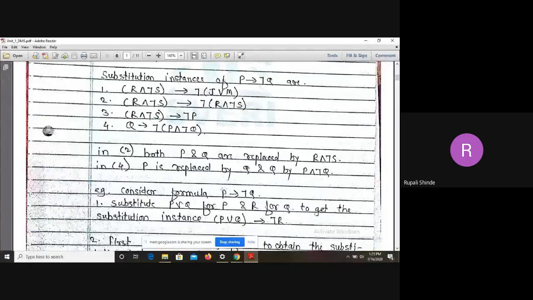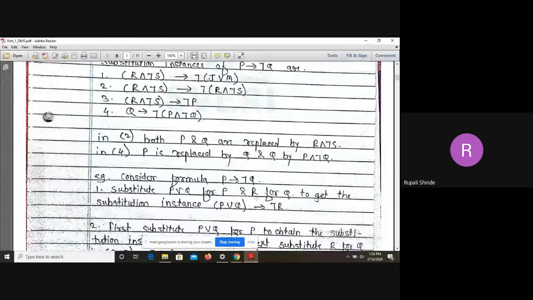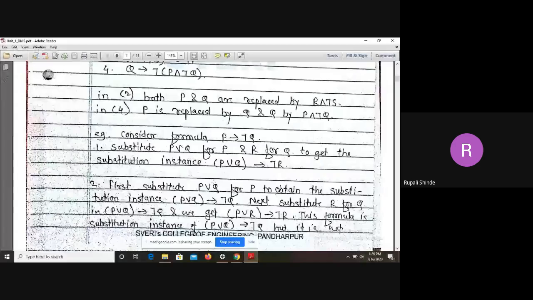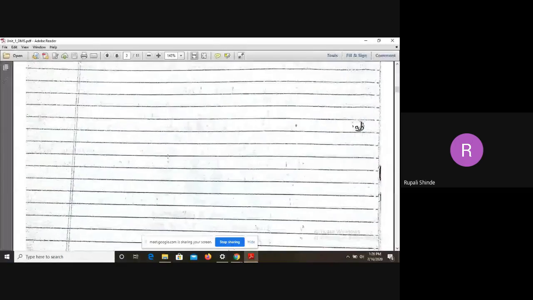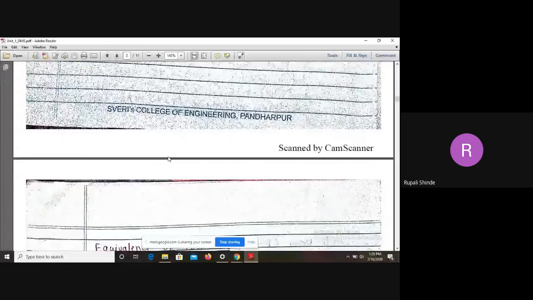We must replace P by the formula P or Q, conditional negation, and Q should be replaced by R. That's why we get P or Q conditional negation R. This is a substitution instance of P conditional negation Q. Here we have to replace the given variable by the given formula, and then only you will get the substitution instance. So this was the concept of substitution instance.